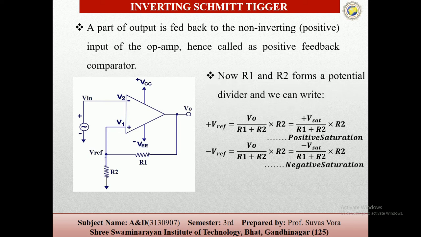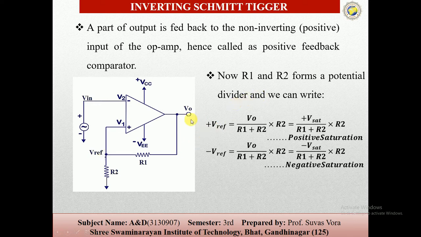You can see the 5 main terminals. We give the input at the negative terminal, and the positive terminal has the voltage divided by the two resistances R1 and R2, and this point is called V reference.